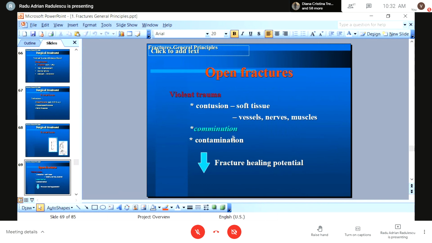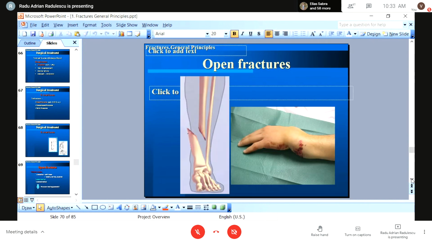It's different when we have a fracture of type A, for example, with only 2 fragments, or when we have a comminuted fracture, and sometimes some of the fragments will be lost through the opening of the fracture, compromising the continuity of the bone. So all these factors like contamination, comminution, and soft tissue damage will diminish the potential of fracture healing. Again, here is a picture of an open fracture. We can see here this opening at the level of the ulna.